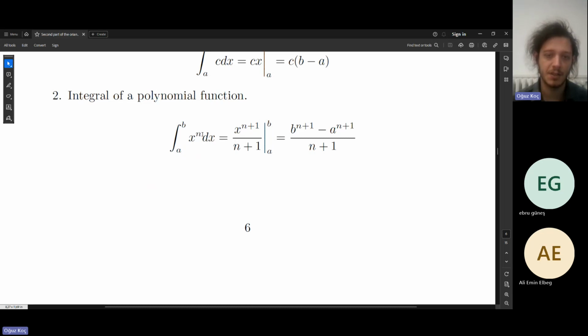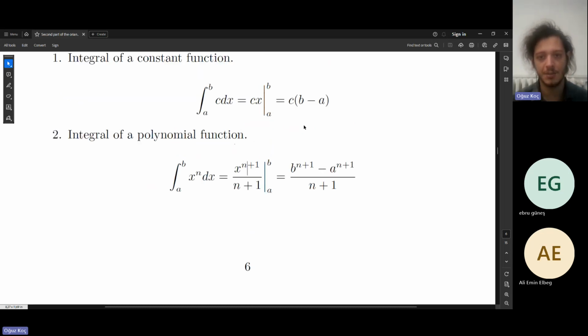In this case, we just increase the power of the function by 1, and then divide it by the final power of the function, and then similarly we put those limit points to the term here.